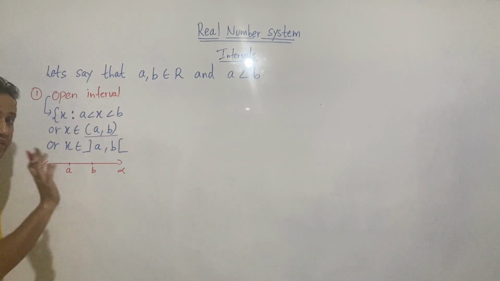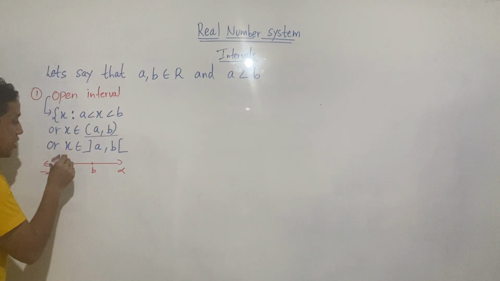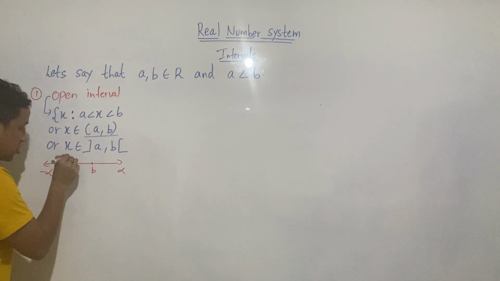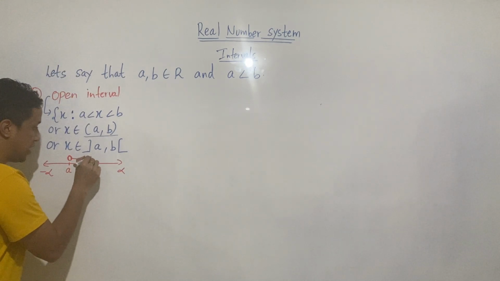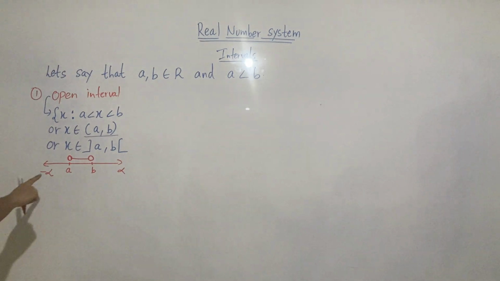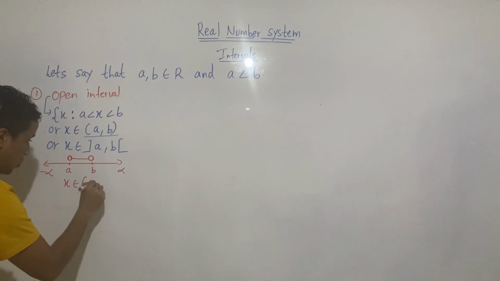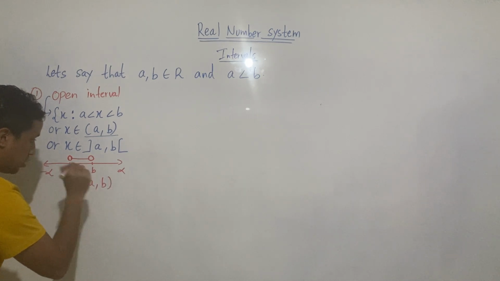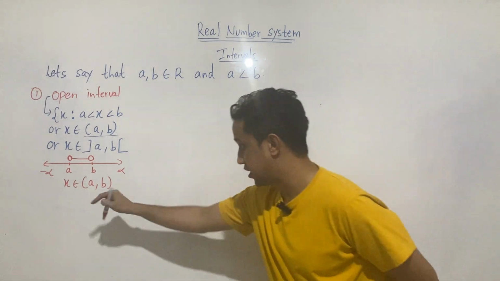When they are not included, I have to represent it with a hollow dot, and on b I have to put a hollow dot too. So this means x belongs to the open interval (a, b). I hope you understand this.